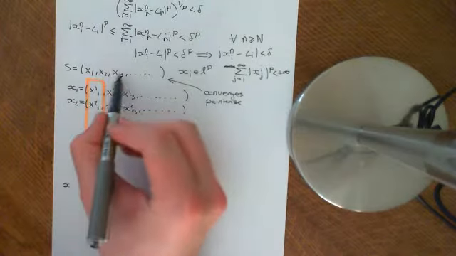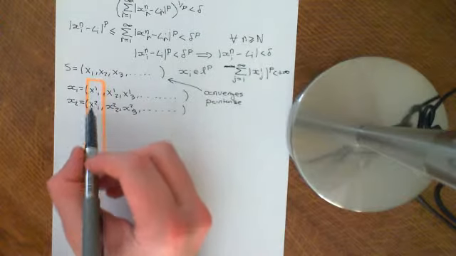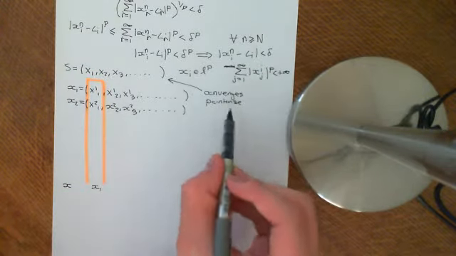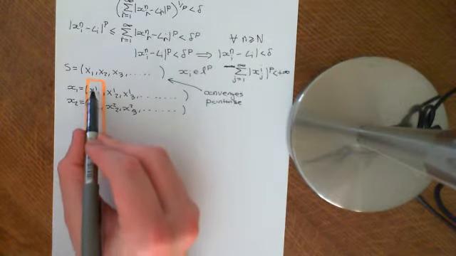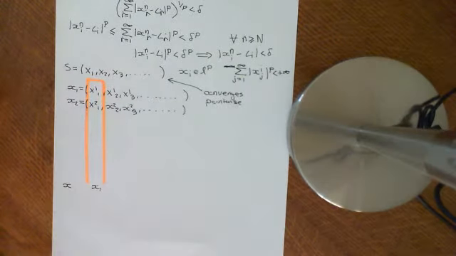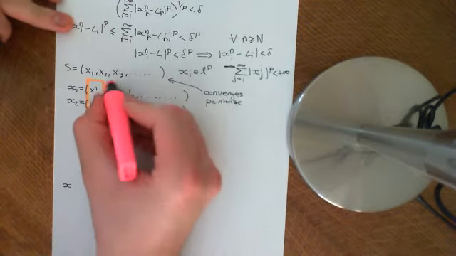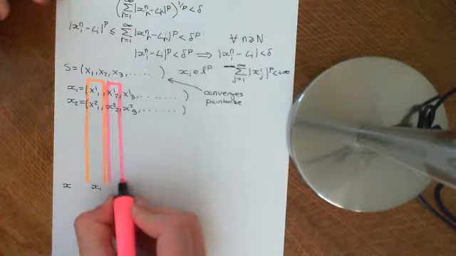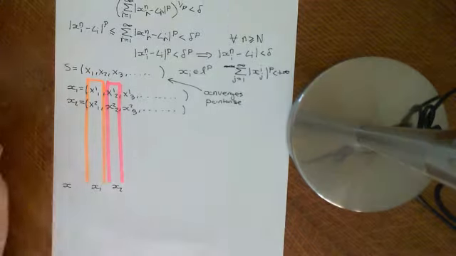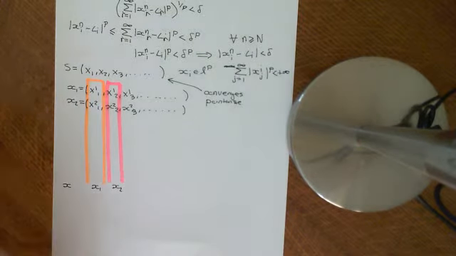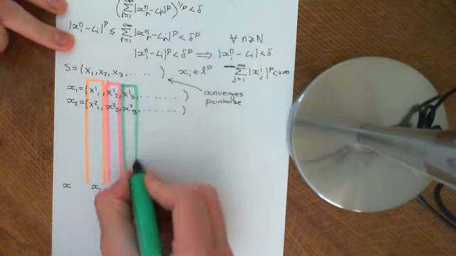Of course this sequence of sequences might not converge to some limit in LP, but it does have a pointwise limit. What that means is that if you look at all these termwise sequences, every single one converges. The sequence of all the second terms converges to some x2, and the sequence of all the third terms converges to some x3.